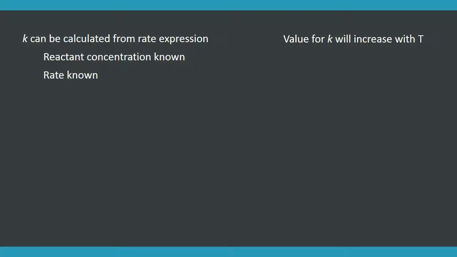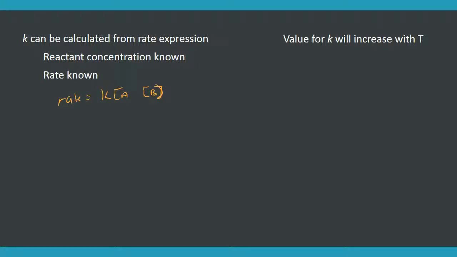All right, so here we have a calculation. If we have just a general expression, right? Rate equals K times the concentration of A squared times the concentration of B. Okay?